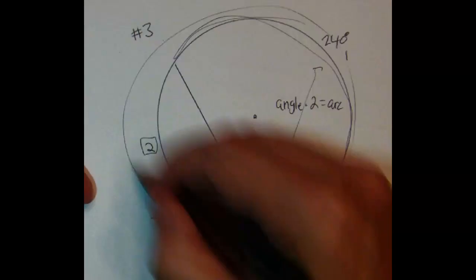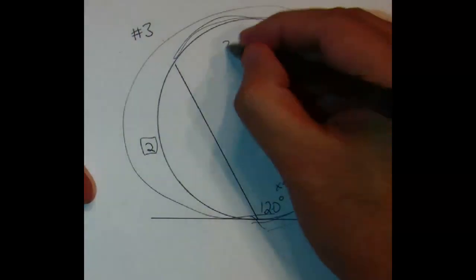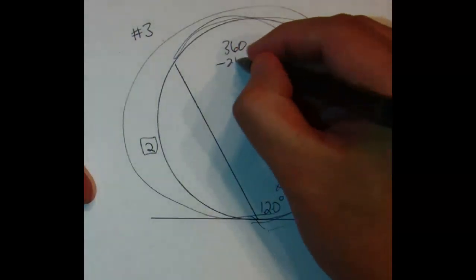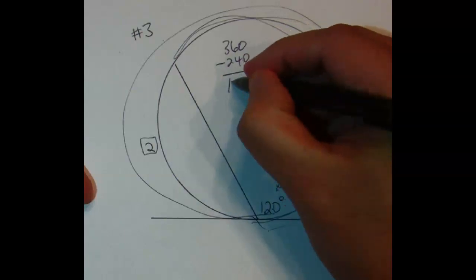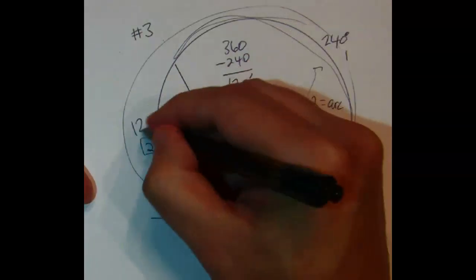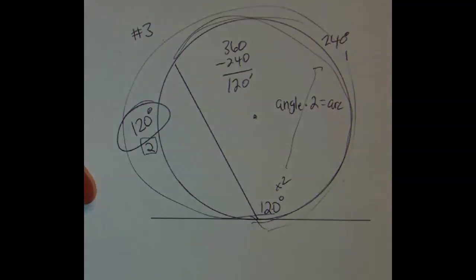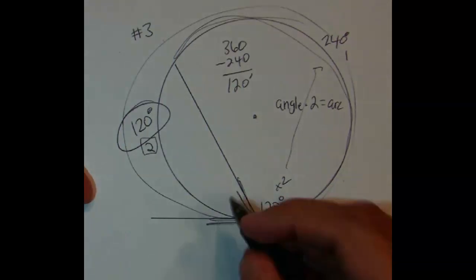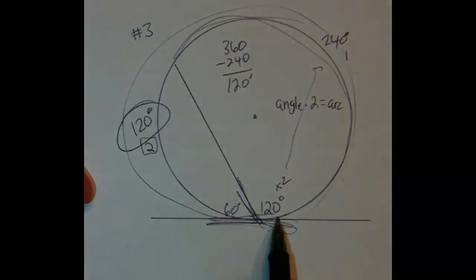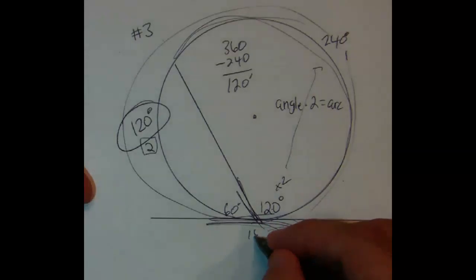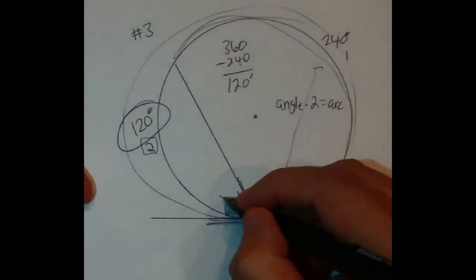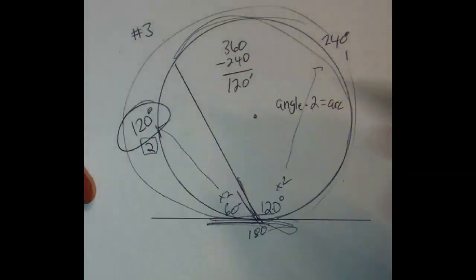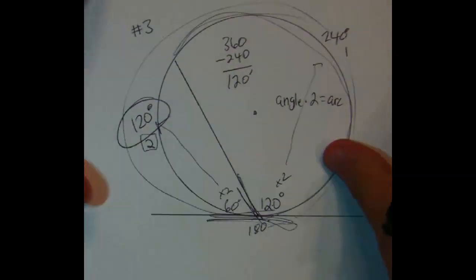It's 360 all the way around. So 360 minus 240 gives you 120 degrees. The other way you could have done this is a linear pair. If that's 120, then this would have to be 60, because 60 and 120 is 180. And if you take the angle times 2, you get the arc. And that's for number 3.